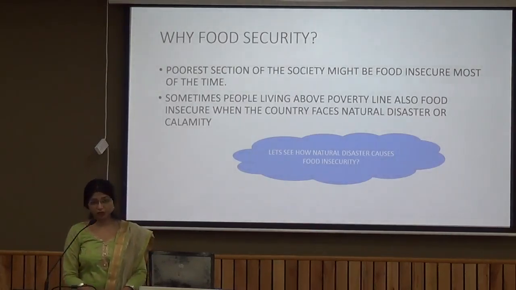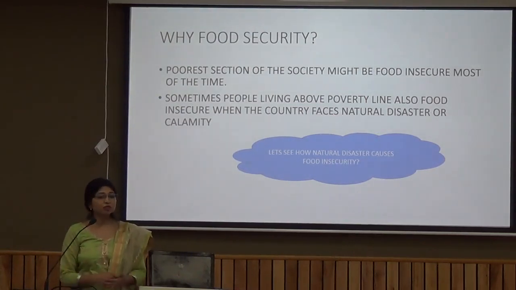Why food security? The next question is why food security is important for a country. Now, the poorest section of the society might be food insecure most of the time, so for these people food security is very important. Sometimes people living above the poverty line are also food insecure when the country faces a natural disaster or any natural calamity.